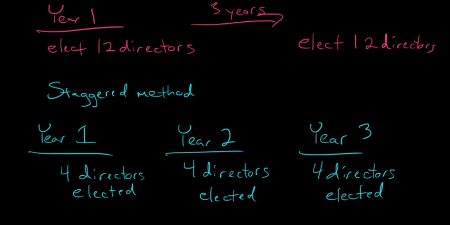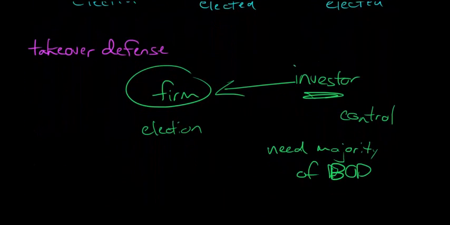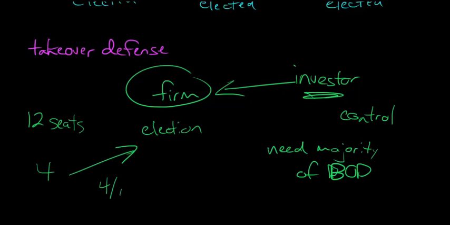But wait a minute, if it's a staggered board, then there are only going to be 4 available seats that I could possibly get this year. We've got 12 seats, and if only 4 are available at this election, then I'd have 4 out of 12. I don't have a majority.